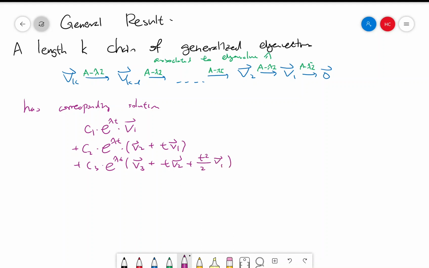To notice the pattern, the 2 is secretly 2 factorial. So now we see the pattern. The last term is Ck times e to the lambda t times vk plus t vk minus 1 plus t squared over 2 factorial times vk minus 2 plus all the way to t to the k minus 1 over k minus 1 factorial times v1.